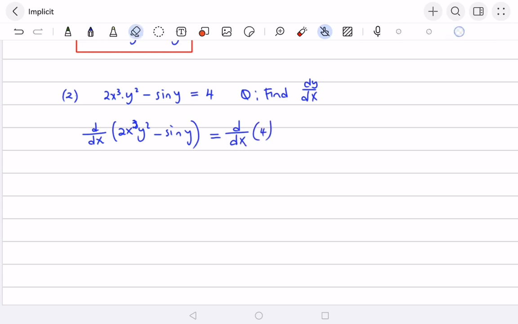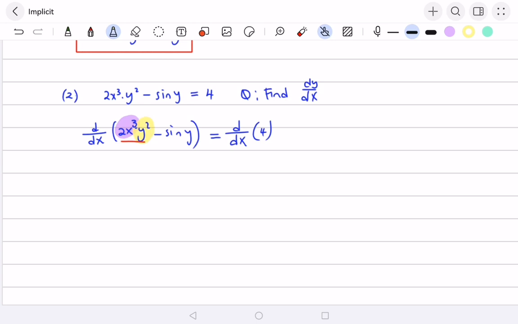Now, let me write this one properly. Now, we want to differentiate this term over here, right? If you look at this term, you have a product of two functions. The first function is 2x cubed, and the second function is y squared.